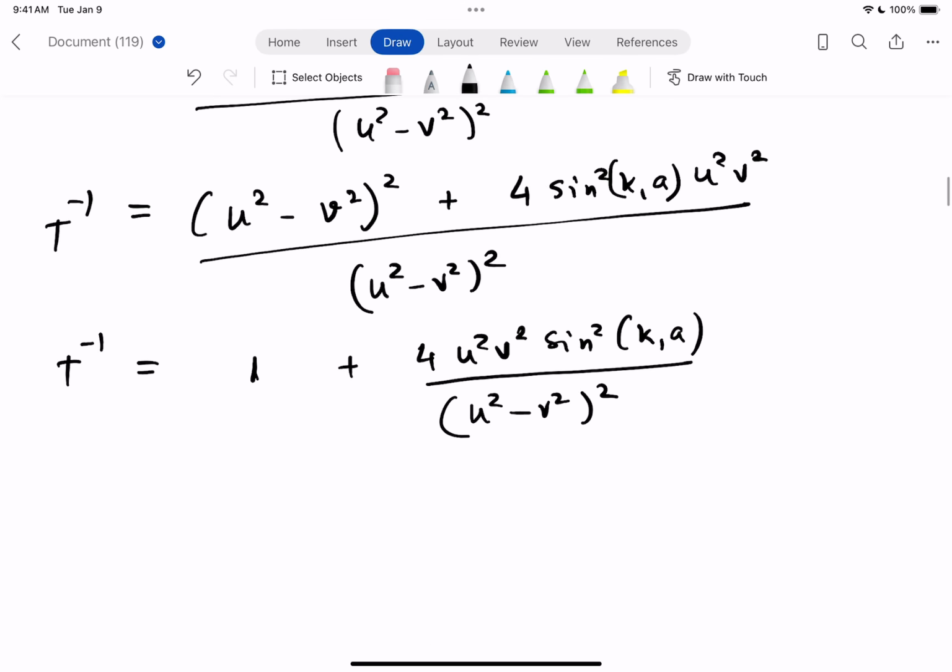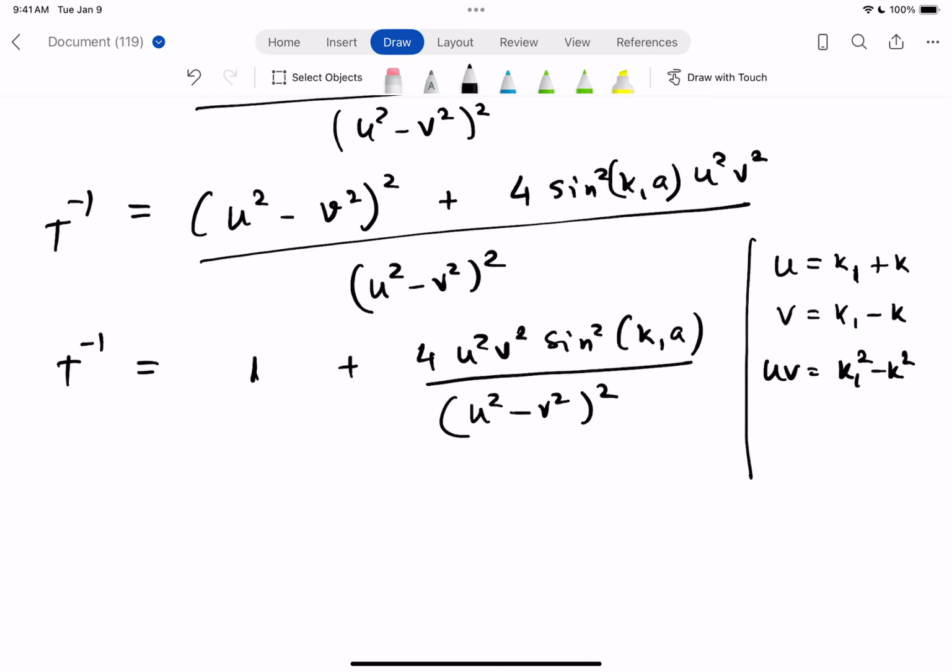So now we just need to bring in the original k and k1. So notice that u is equal to k1 plus k, v is equal to k1 minus k. So u times v is equal to k1 square minus k square, right?